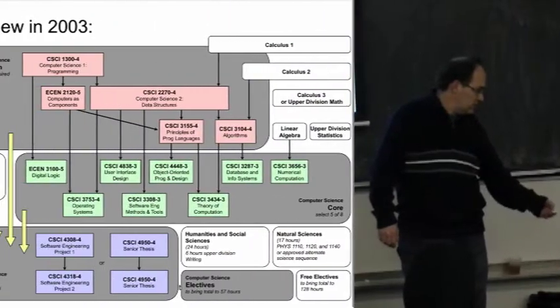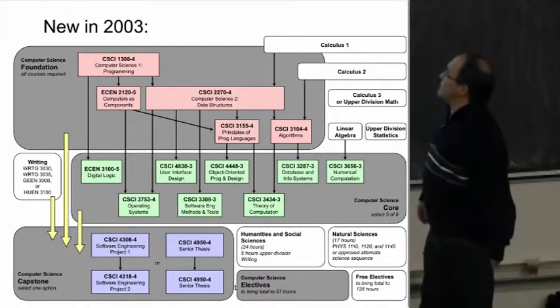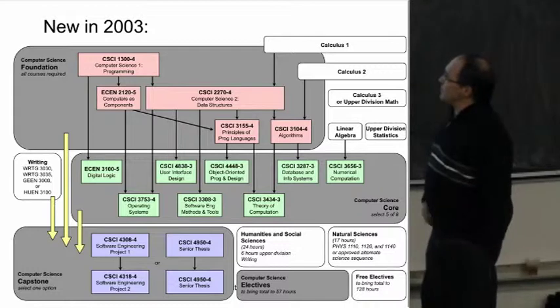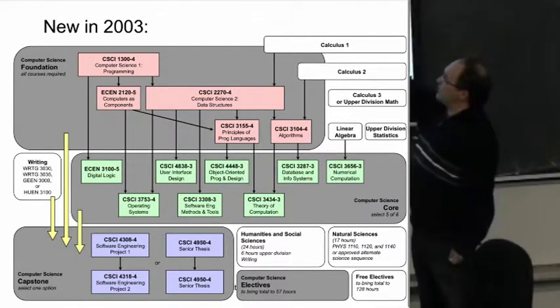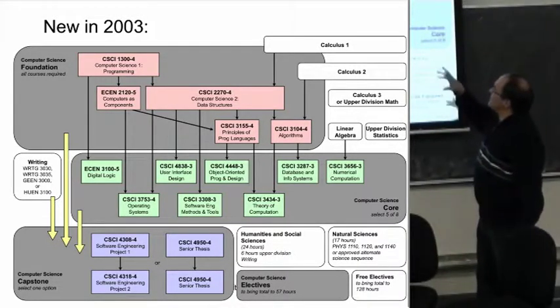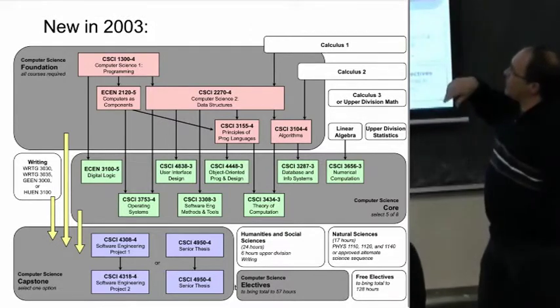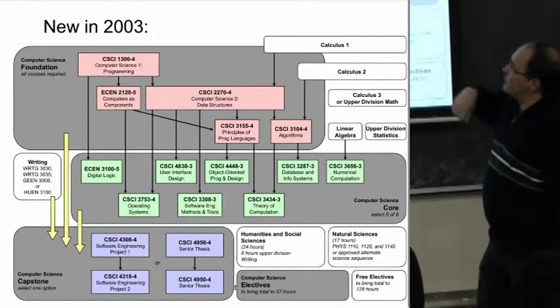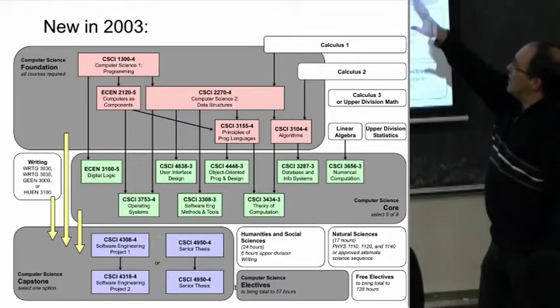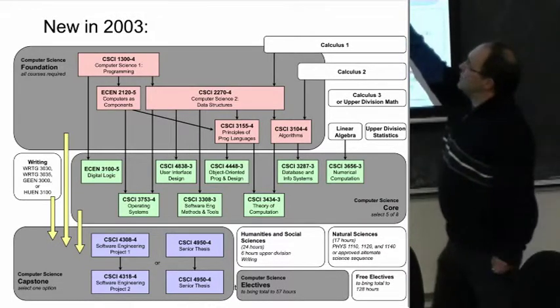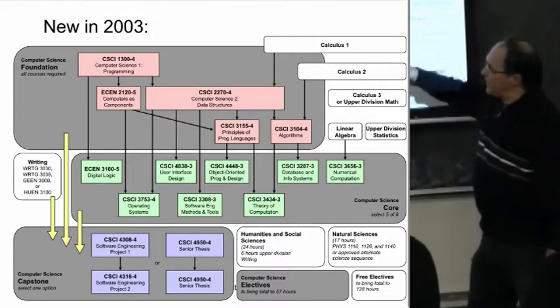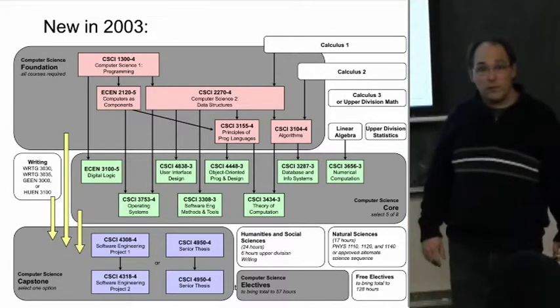And so what they came up with was something that looked like this, where there's some similarities to what we have today, but for instance, there's some classes that we still had that we don't have today, such as the 2120 from the CEN. But there was this structure here where you got through those classes, picked some from here, and then had a little bit more wiggle room with electives.